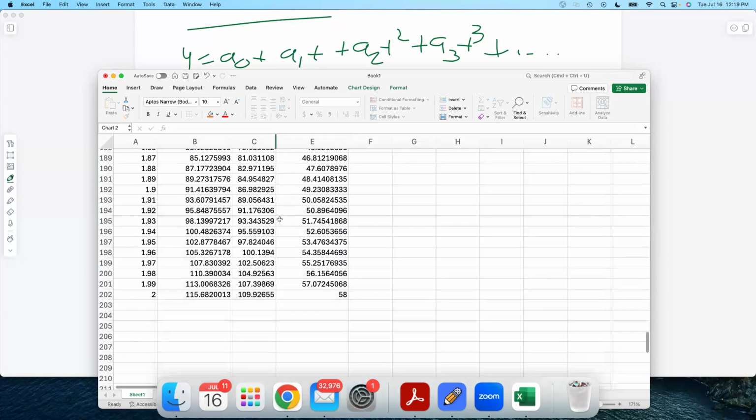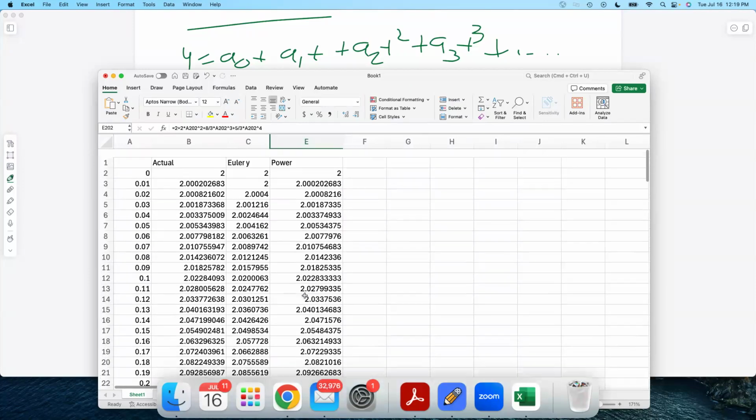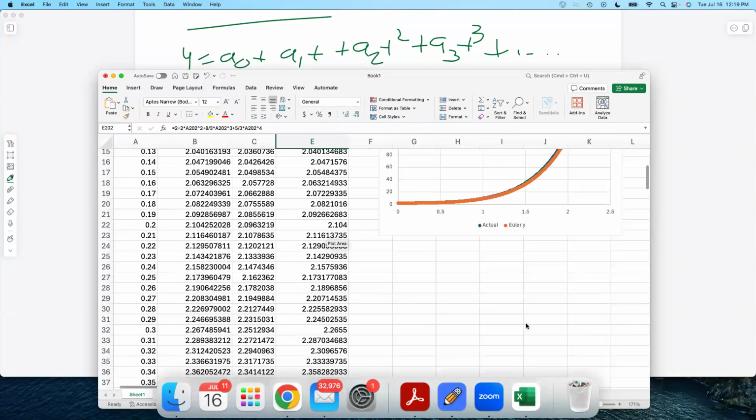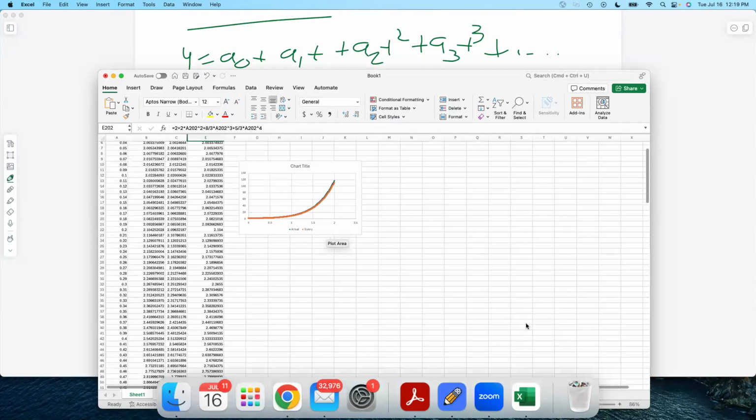And if we go far enough, see, I didn't keep that many terms. If I'd kept more terms, one of these is going to shoot off to infinity. What's probably going to happen is your power series. Where's my other graph? I lost my other graph.